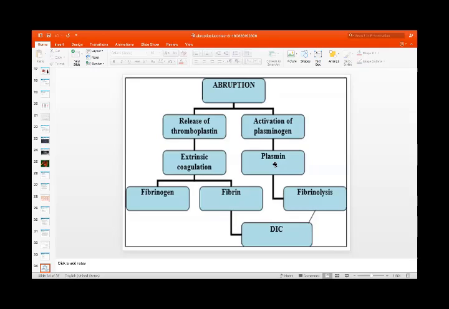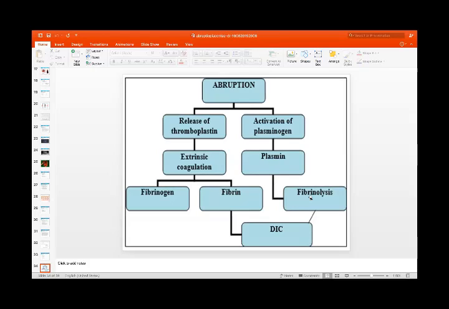This is how coagulopathy takes place during abruption. Abruption causes clots and thromboplastin release, and activation of plasminogen; plasminogen is converted into plasmin.